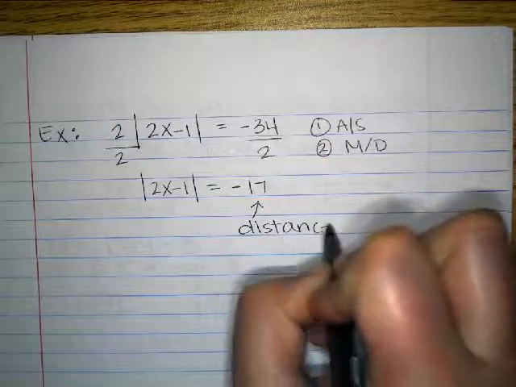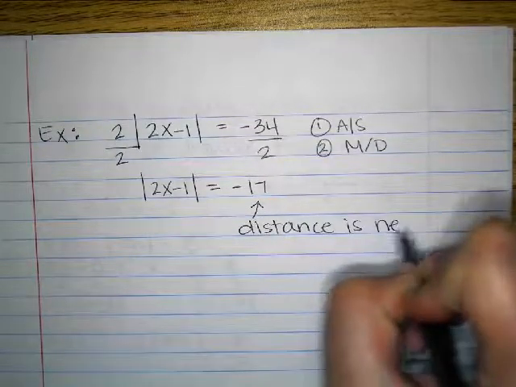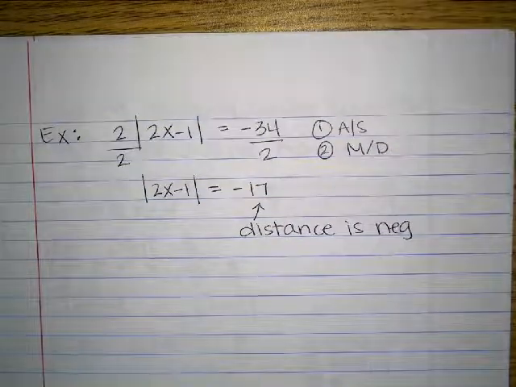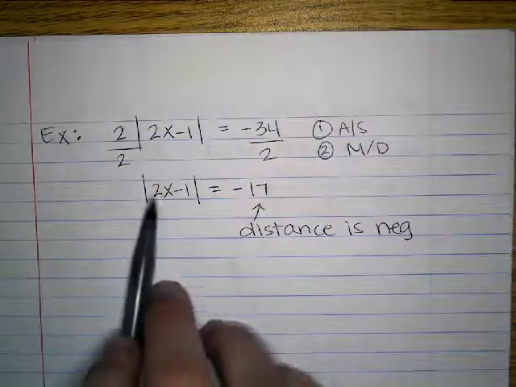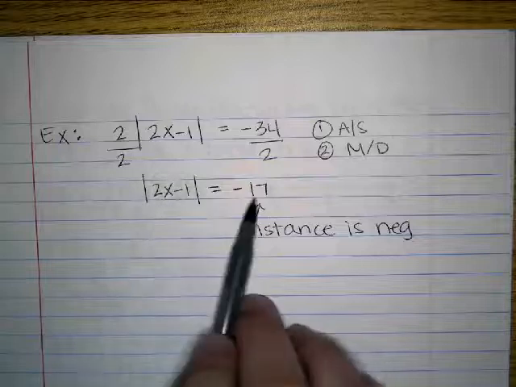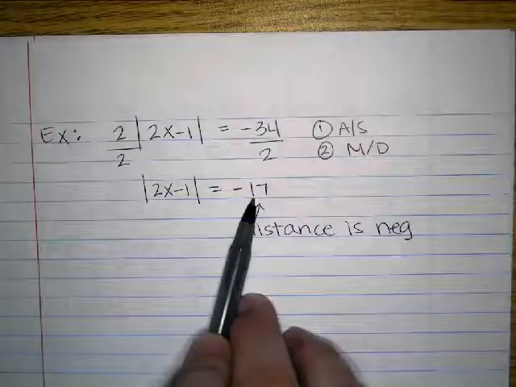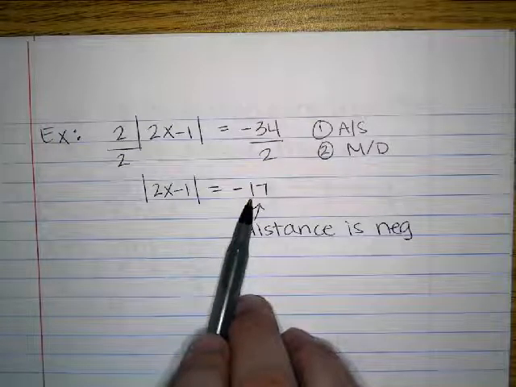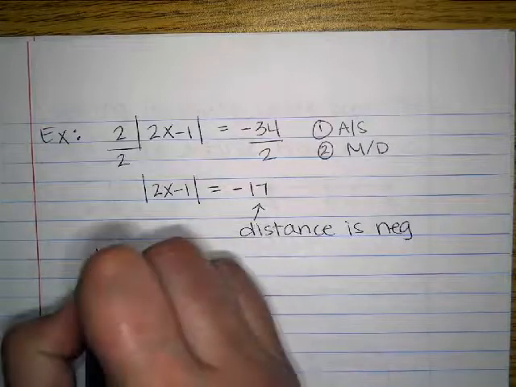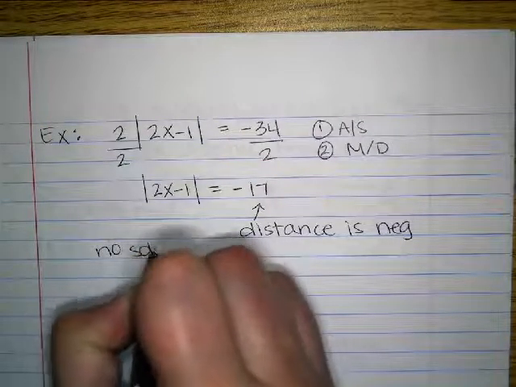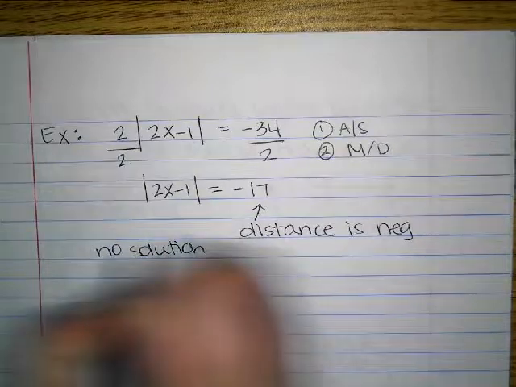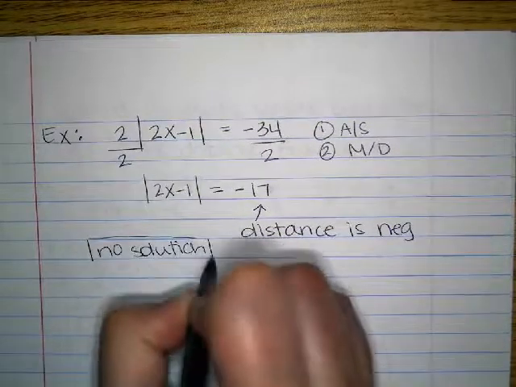And anytime you have an absolute value equals a negative number, which is not possible, that can't happen, then your answer is no solution. There's no way you could solve an absolute value problem to get a negative. That's not how they work.